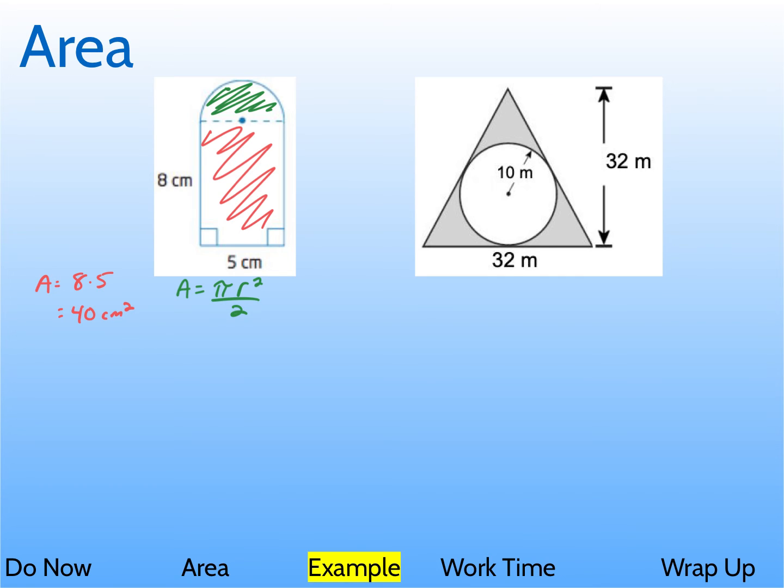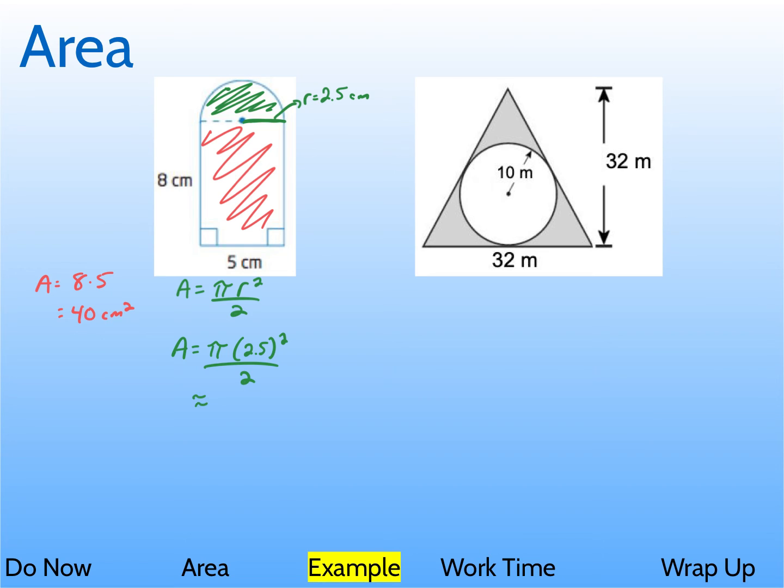Now the real question is, what's the radius on this? Well, the radius is this distance, which is half of this whole distance right here, or half of 5. So with this, the radius is 2.5 centimeters. So in order to do that, we have the area is pi times 2.5 squared divided by 2.